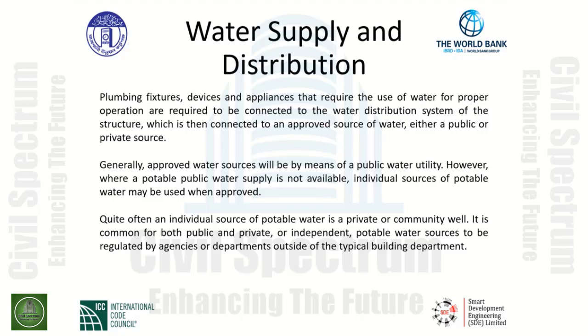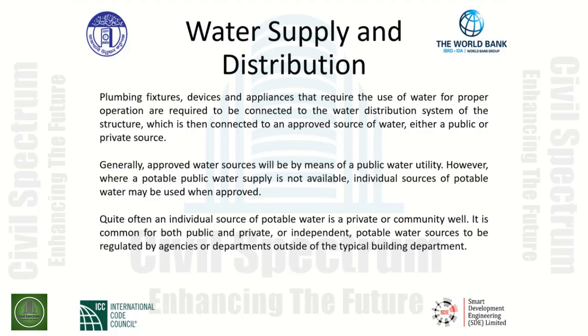This is typical if there is no public water in the area of a proposed building. You would submit to the authority plans, specifications based upon the requirements set forth in this particular code for approval of that particular private water supply.